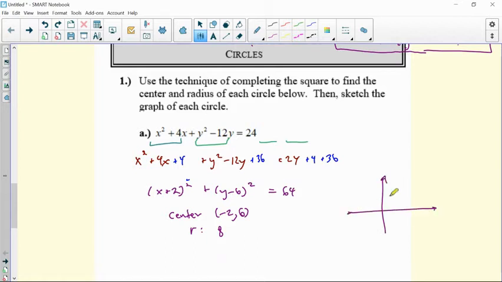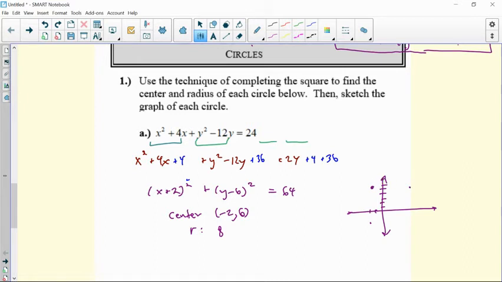It doesn't have to be perfect or so precisely drawn to scale that it takes up so much time, but just go over 2 up 6. So 1, 2, 1, 2, 3, 4, 5, 6. So there's your center. And then find a radius of 8. So, you could say, okay, well, going 8 in this direction would land you about there. Going 8 in this direction lands you here.